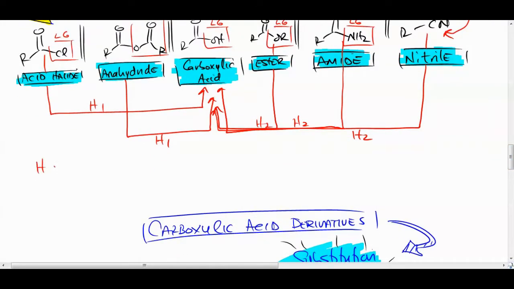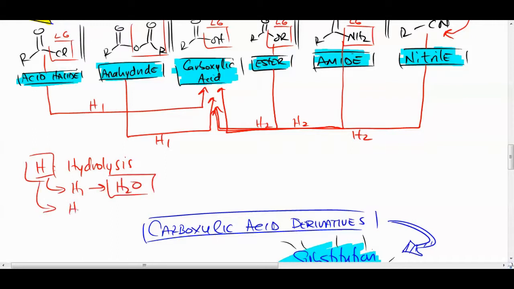So we're going to say that H is going to represent hydrolysis. And we'll say that H1 is H2O. And we'll say that H2 is H2O, either in acidic or basic condition. And sometimes you might see heat. So it can occur in acidic or basic condition.